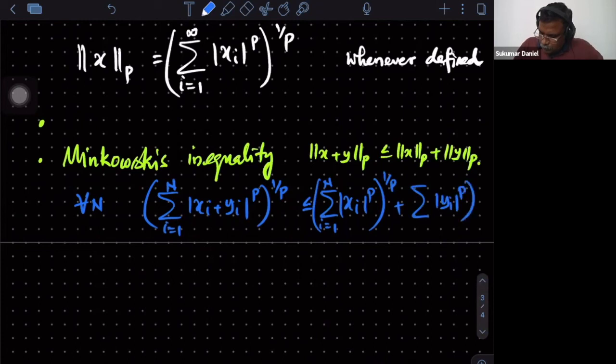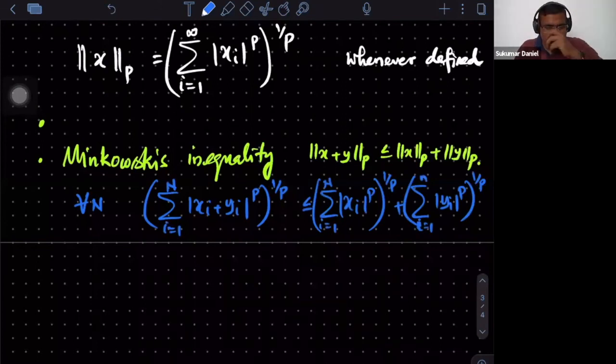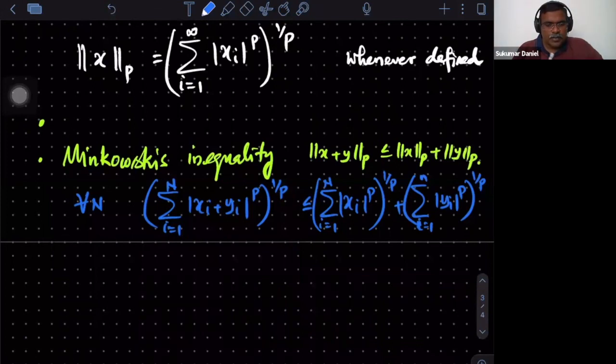Do you all agree with this? For any natural number n, this is true, from the Minkowski inequality for Rn. For any n, it is true as such.